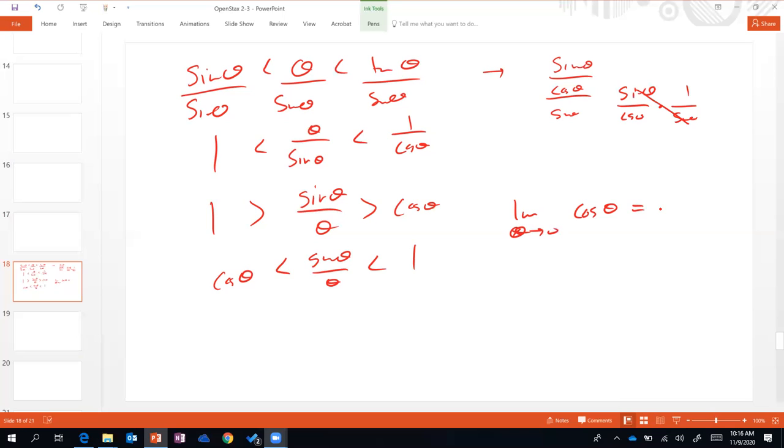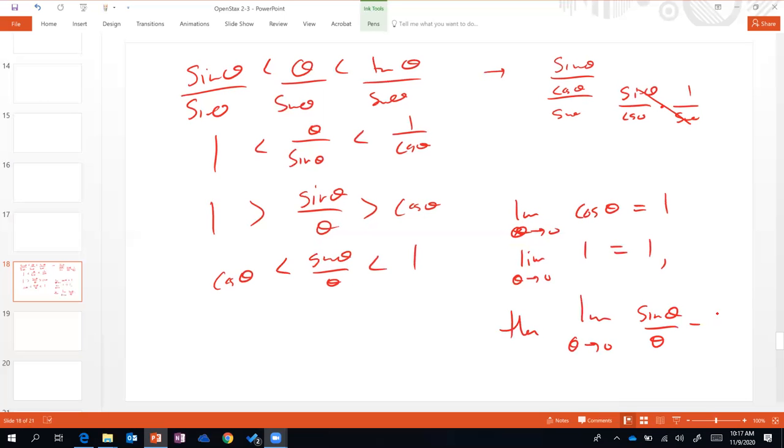Cosine limit is 1. Limit as theta goes to 0 of 1 itself. Sorry guys, I'm doing my chicken scratch again. Everybody agreed with 1? Did we squeeze it? Yeah. Limit as theta goes to 0 of sine theta over theta is equal to 1. Just proved it. We're awesome.